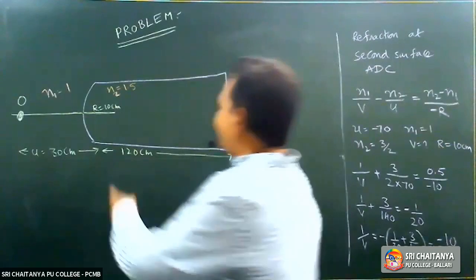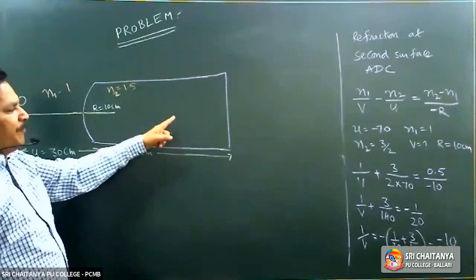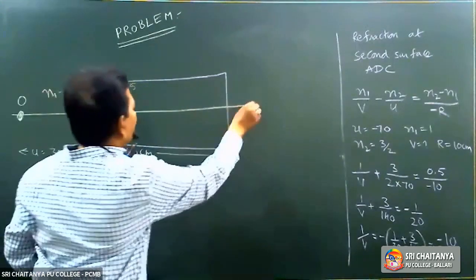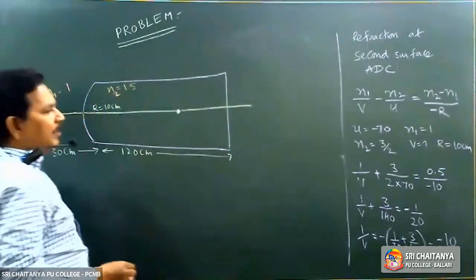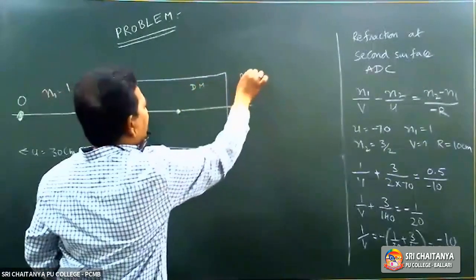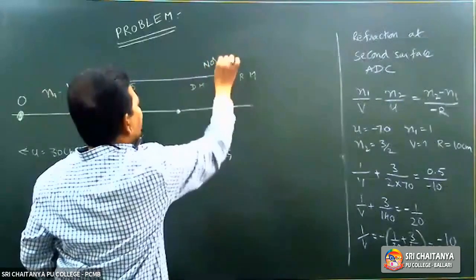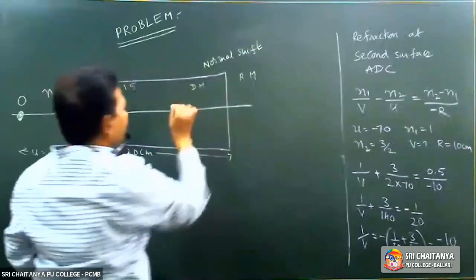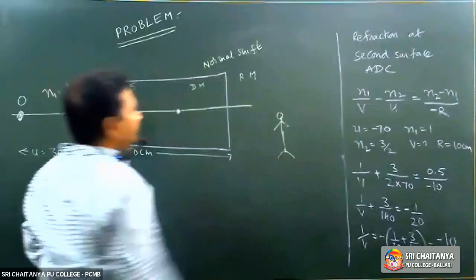First, in this case, refraction takes place. Image will be formed. Let us consider the image is formed here. Suppose then this is denser medium, this is rarer medium. Here what will take place? Normal shift will take place, because the object is in the denser medium and the observer is in the rarer medium.